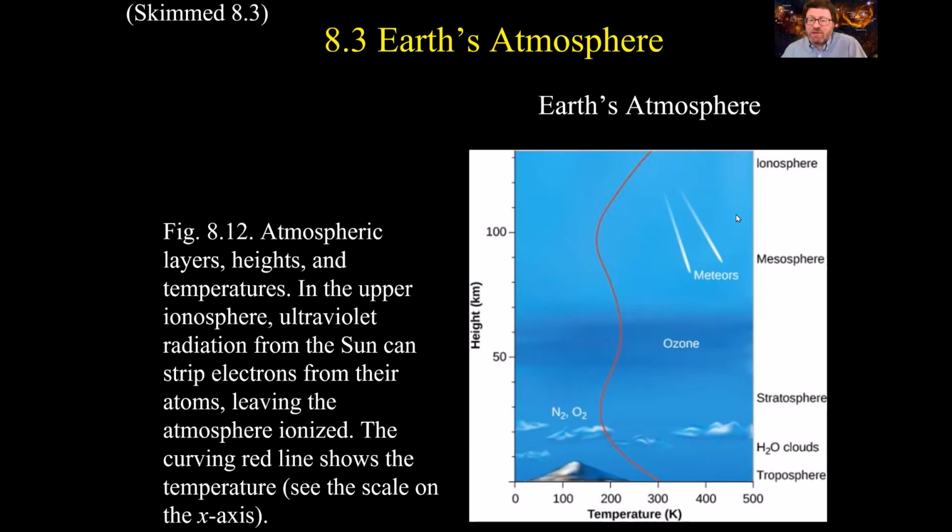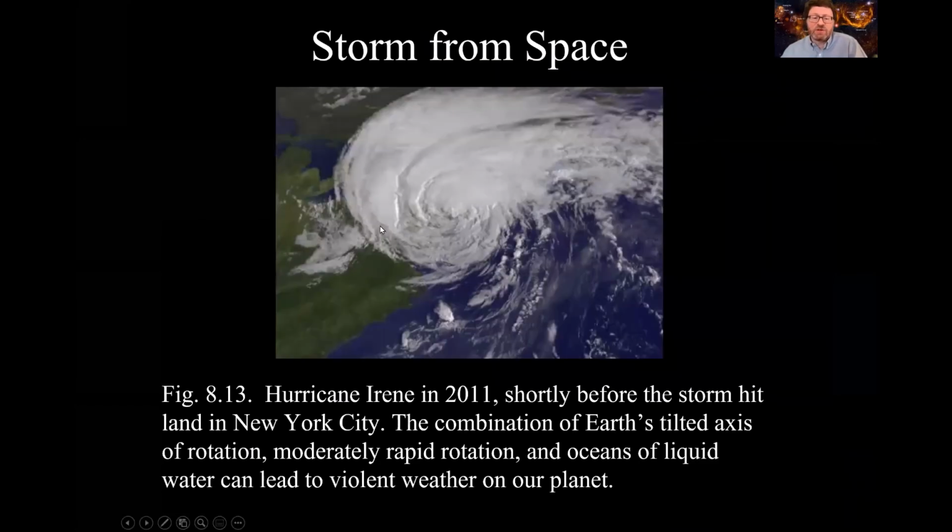Still dense enough that that's where the meteors occur. That's where they burn up. If you make it above 100 kilometers, which is 62 miles, then you are considered an astronaut. That's what space is defined to be, 100 kilometers. At that altitude, there's very little atmosphere left.